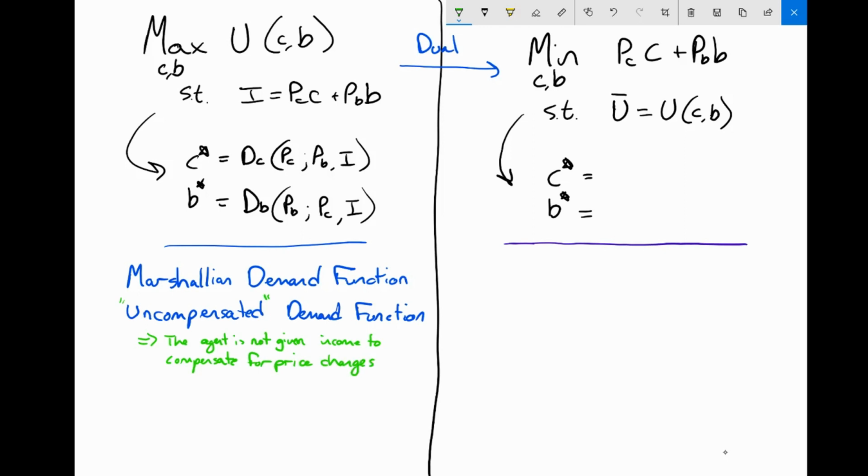Another way of putting it: income is held constant, utility is not.